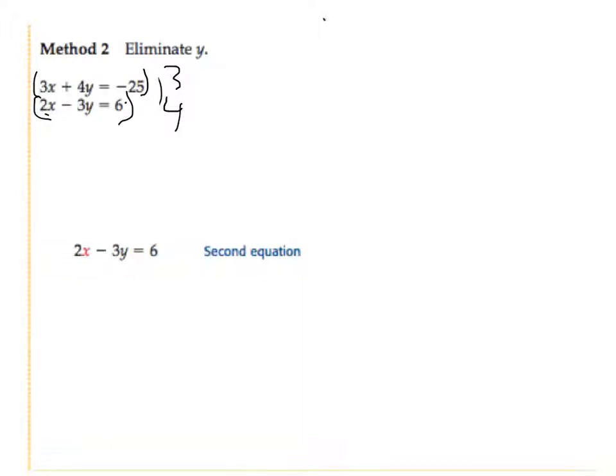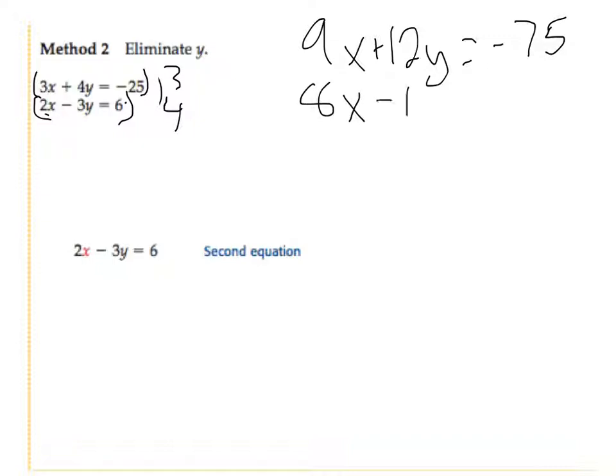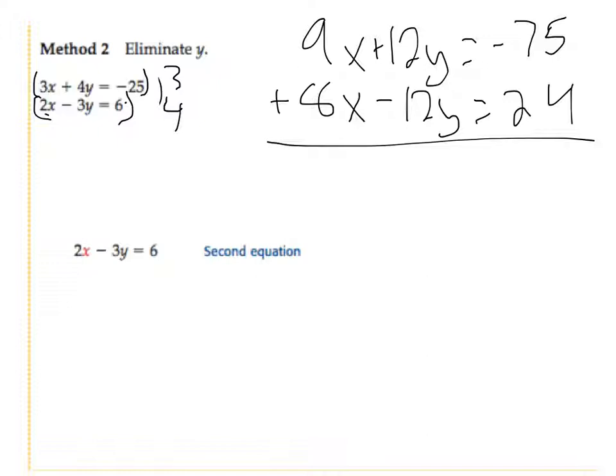So we get 9x plus 12y is equal to negative 75. And then we get 8x minus 12y is equal to 24. Now, how do we get the y's to become 0? We have to add.